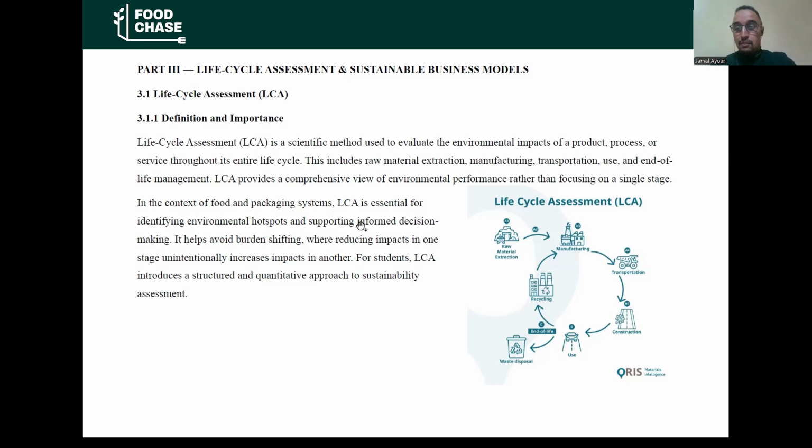LCA helps industry professionals avoid this problem, which we call burden shifting. So it's one of the best keys for our course to help students and learners understand life cycle assessment.